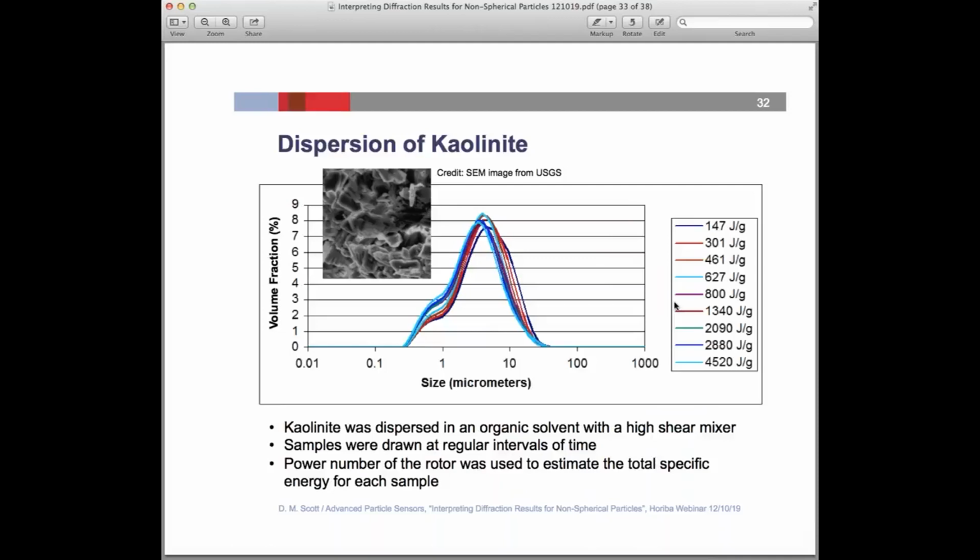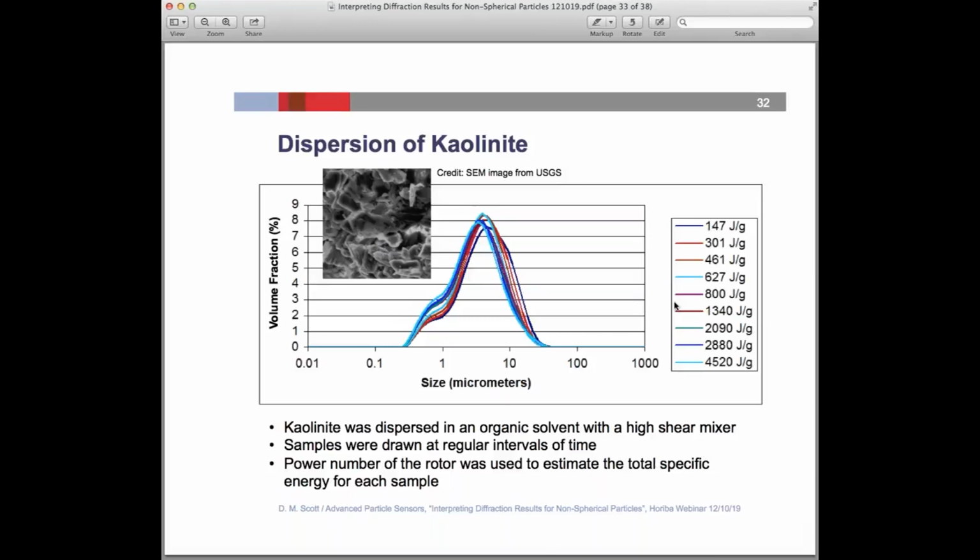And we move on to plates. So this is kaolinite clay. You see a whole bunch of measurements there. These were taken after kaolinite was dispersed in an organic solvent in a high shear mixer, and we took the power number of the rotor in order to determine the specific energy for each sample.